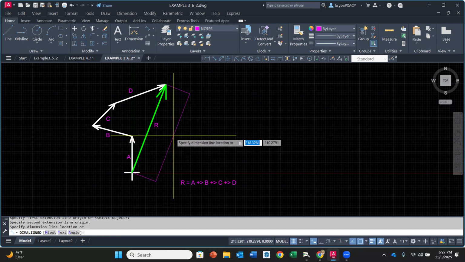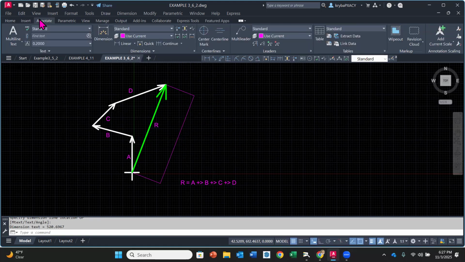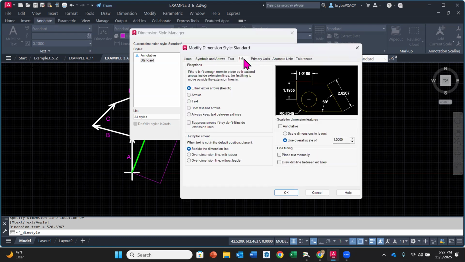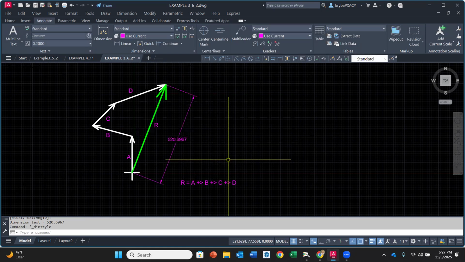You're not going to see the actual number because it's really small. So we're going to go to our Annotate tab, open up the Dimension Style Manager box, modify, go to the Fit tab, and change this to about 100. We'll see. Set current, and then close. That's pretty good.